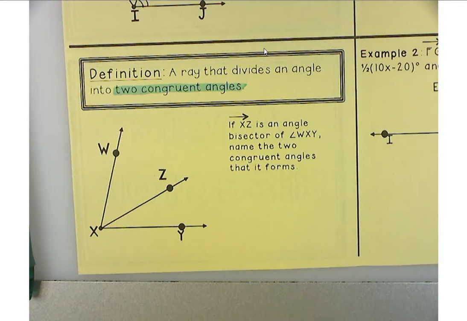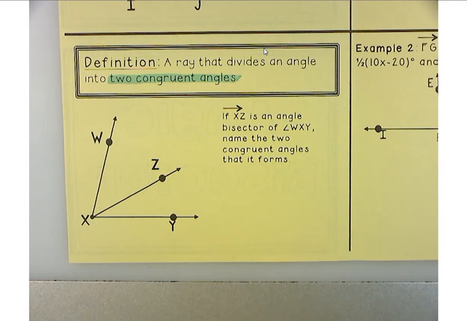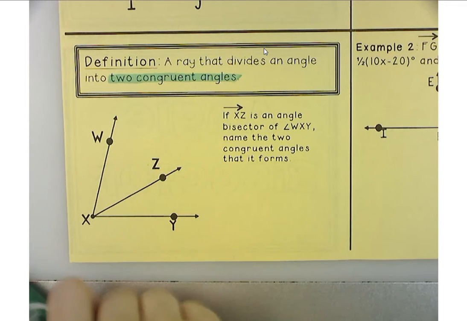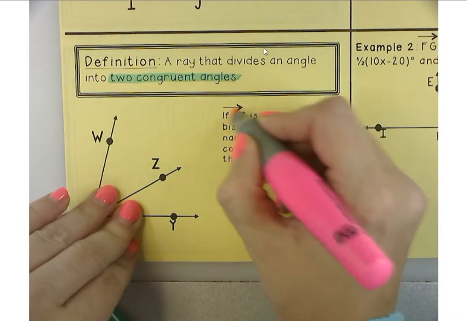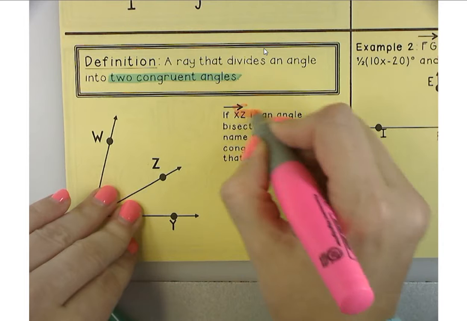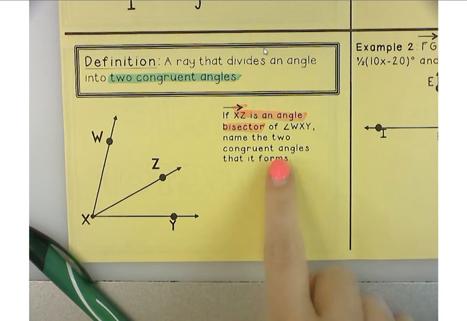And then whenever I know that the angles are congruent, what we're going to do is mark them off in our diagram. So in our diagram, it tells us if you have XZ, that ray, if that ray is an angle bisector, name the 2 congruent angles that it forms.